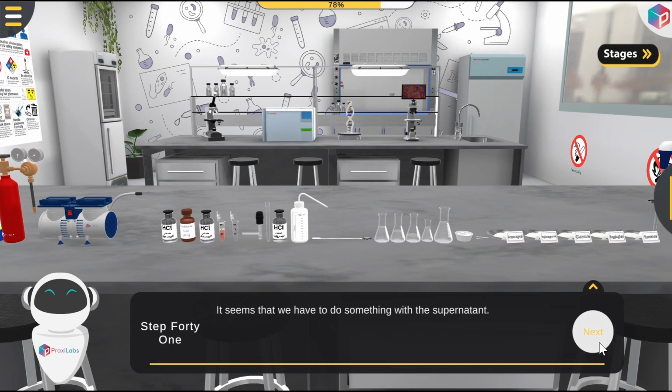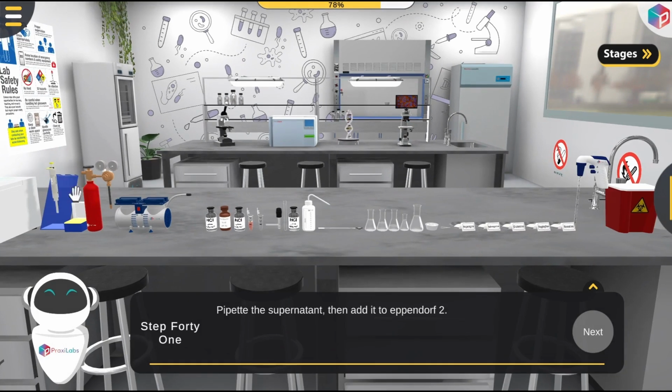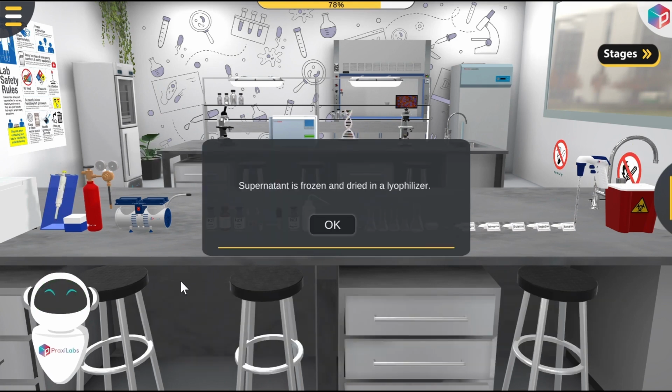Step 41. Pipette the supernatant into a second Eppendorf. Freeze and dry the supernatant in a lyophilizer.